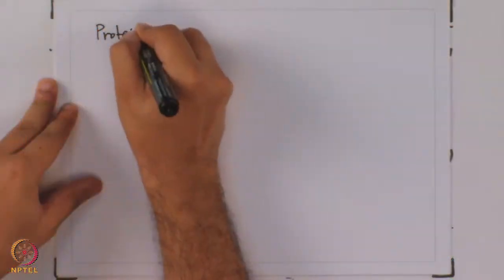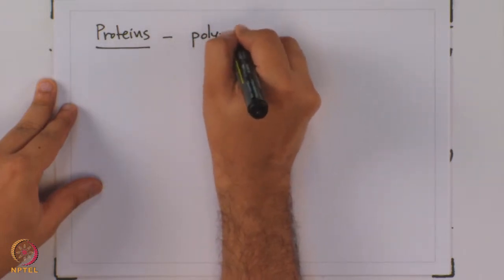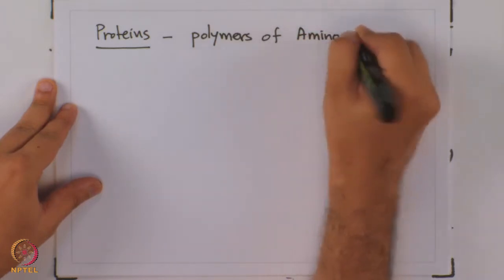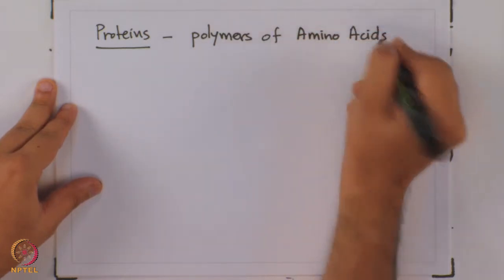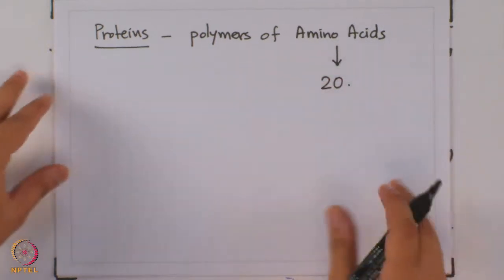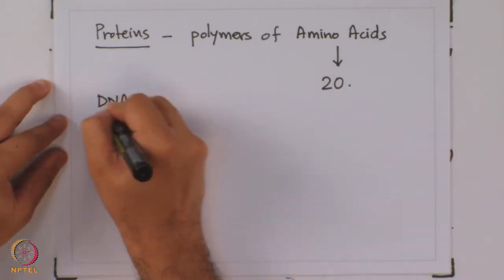Okay. So, we have these numbers, and of course, the protein numbers also vary widely between these species as we are talking about their genomes. Proteins, which are polymers of amino acids, and amino acids are, there are 20 natural amino acids that comprise these proteins, and of course, DNA is a polymer of nucleotides.